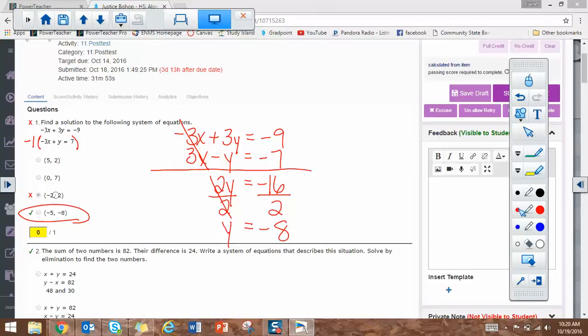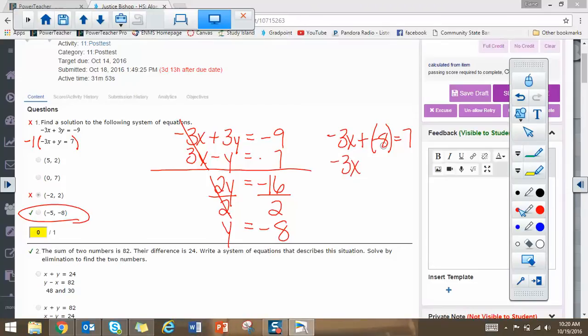If there were several ordered pairs here with negative 8, you would need to figure out how to find the x. And you do that by plugging this negative 8 back into either one of the equations from the original problem. So if we go back, the second one looks a little easier just because I don't see a coefficient here. So we go negative 3x plus, this is a negative 8, equals 7. I'm actually going to rewrite this one more time.